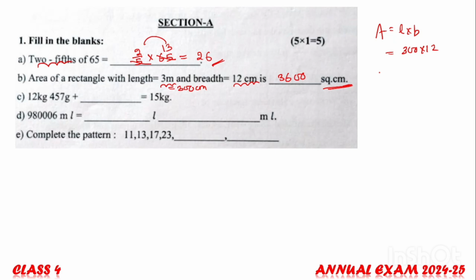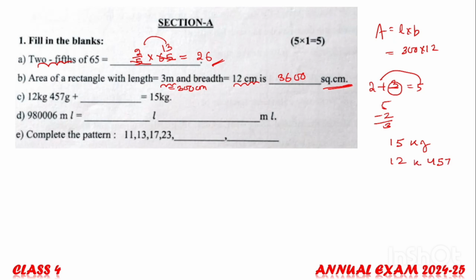Next question number C. 12 kg 457 gram plus dash equal to 15 kg. Suppose the question is 2 plus dash equal to 5. How to find the dash? If you subtract 5 minus 2, then we get the number, that is 2 plus 3 equal to 5. Similarly, in this question, we subtract 12 kg 457 gram from 15 kg.